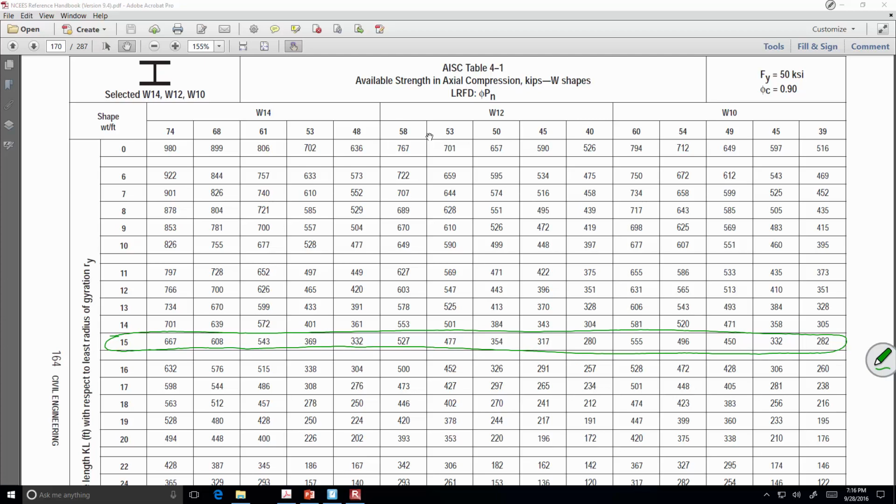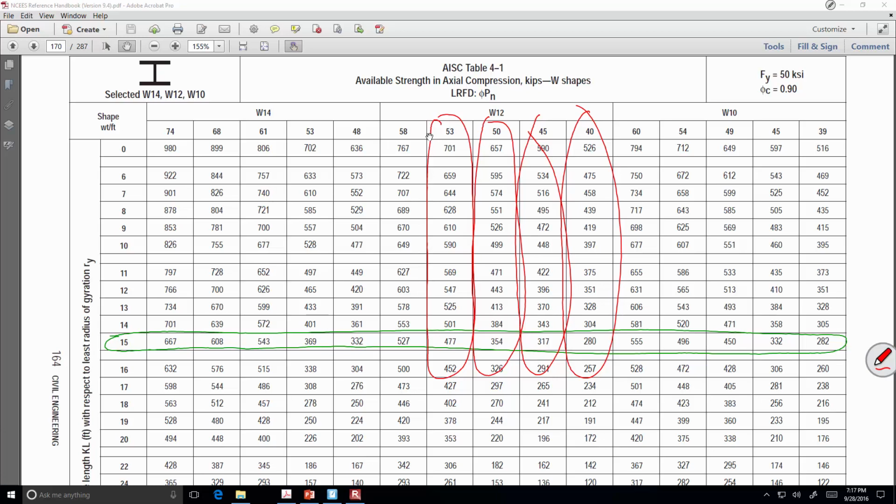Now, what are the four columns in our choices, the A, B, C, and D? What are the four columns? W12s, okay? Specifically, it's the W12 by 50. It's those, right? Okay.